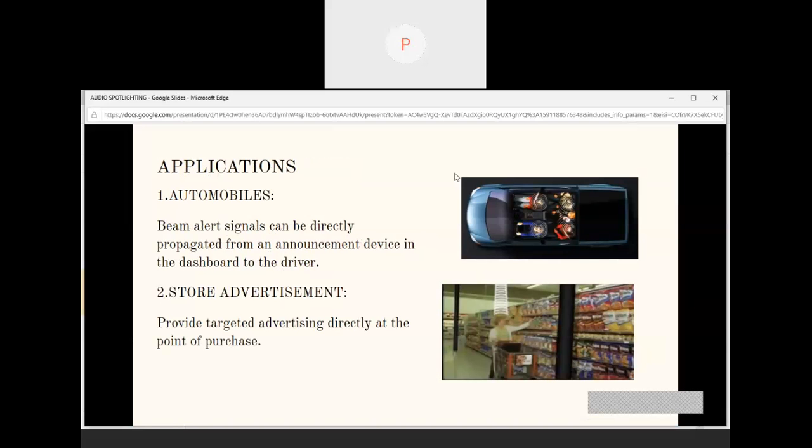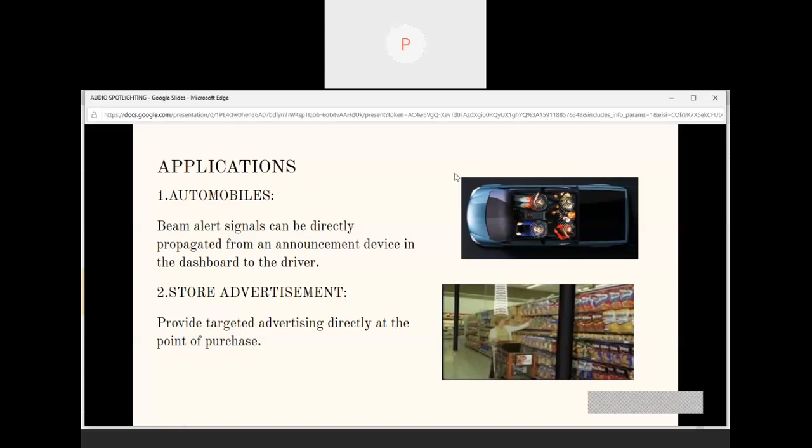Audio spotlight is actually a real boon to the future with a wide range of amazing applications, such as in automobiles, in advertisements, for safety officials, for military applications, etc. In automobiles, beam alert signals can be directly propagated from an announcement device in the dashboard to the driver.